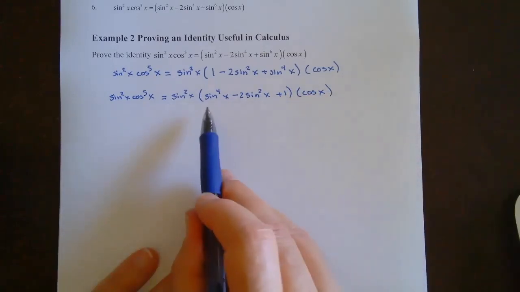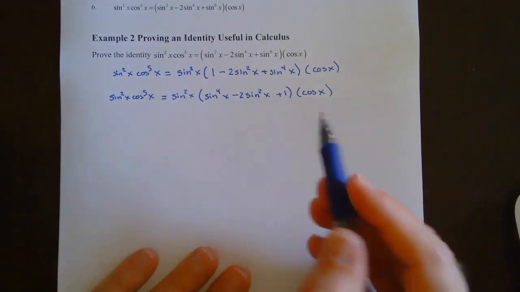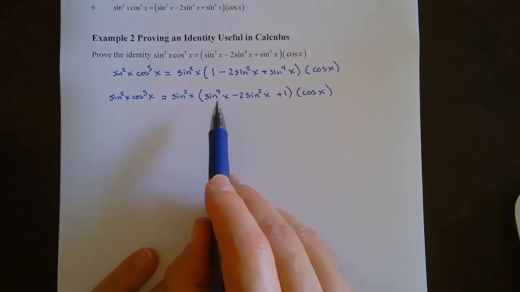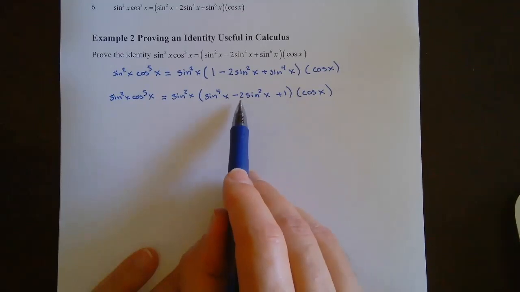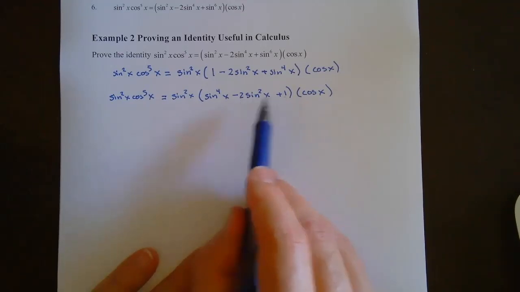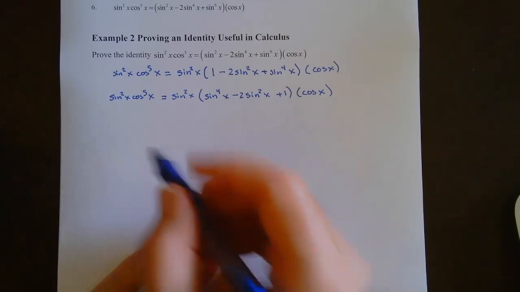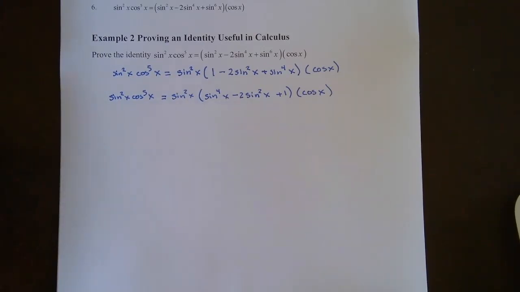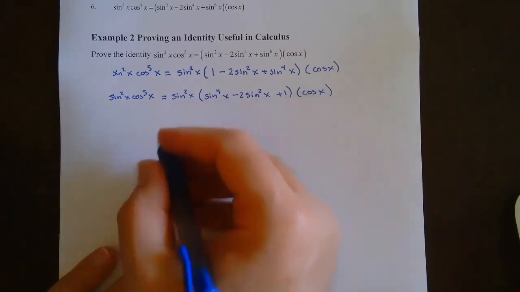Now this is like quadratic form. In fact, it is quadratic form. So we want to find 2 numbers that multiply to give you 1 and add to give you negative 2. And it would be negative 1 and negative 1. So that means this factors, but instead of sine x minus 1 and sine x minus 1, it's going to be sine squared x minus 1 and sine squared x minus 1.